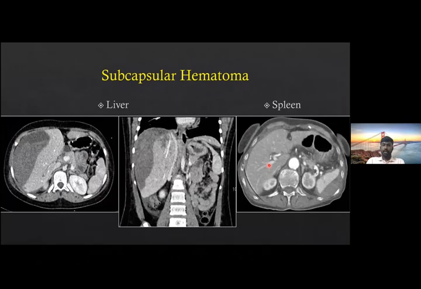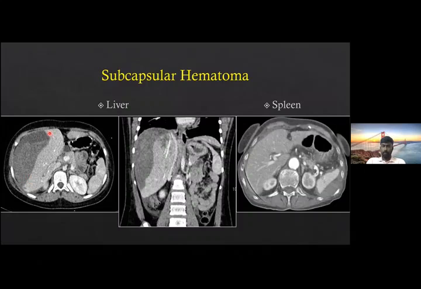Okay, so we have seen the diagrammatic representations. Now let's move on to actual cases showing these findings. We'll look at the findings separately and not at the grading, the different grades of injuries, because that can be graded by anybody. We just need to know how to pick up these findings. So this is a case of subcapsular hematoma.